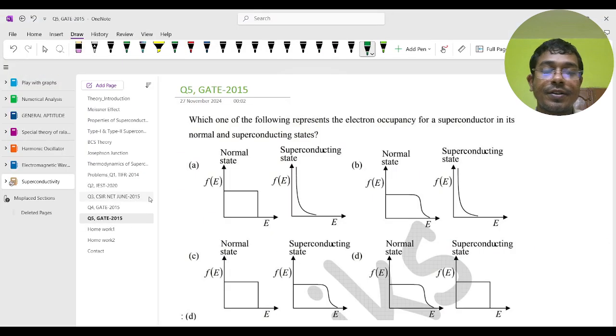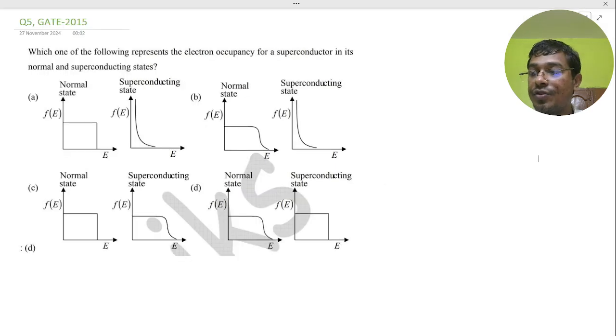Go ahead to our last question, question number 5 coming in GATE 2015: which one of the following represents the electron occupancy for a superconductor in its normal and superconducting state. Very important question for representation.